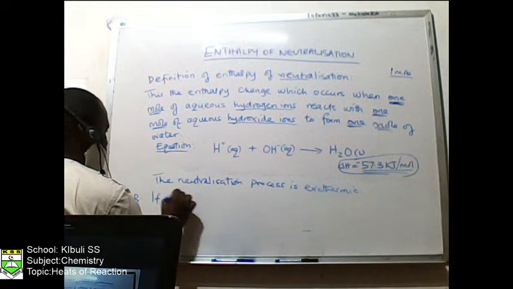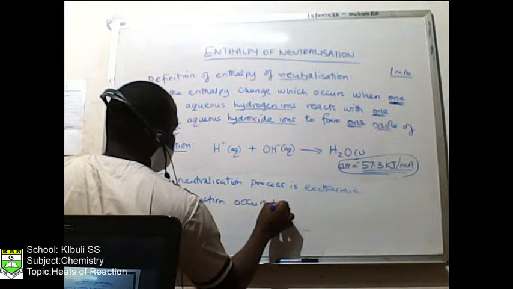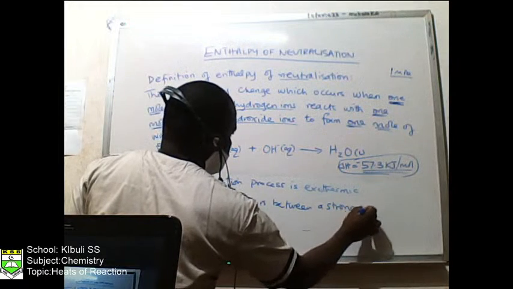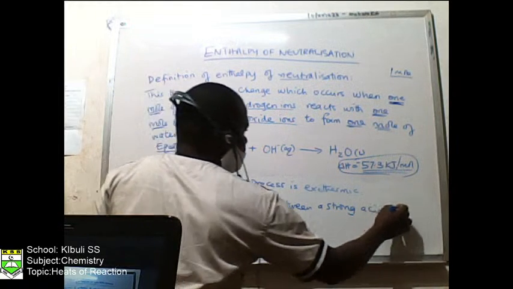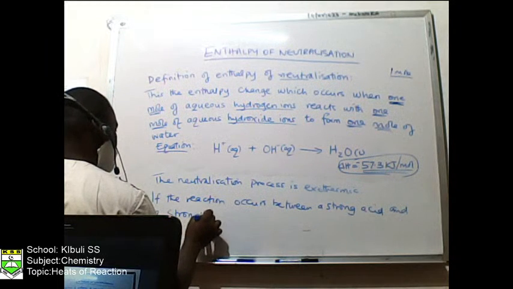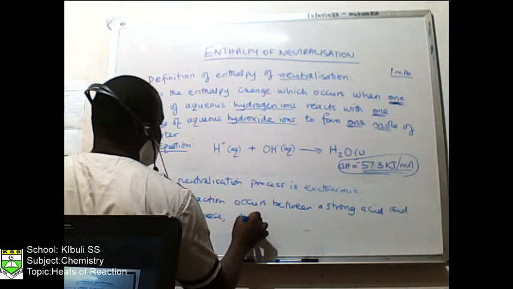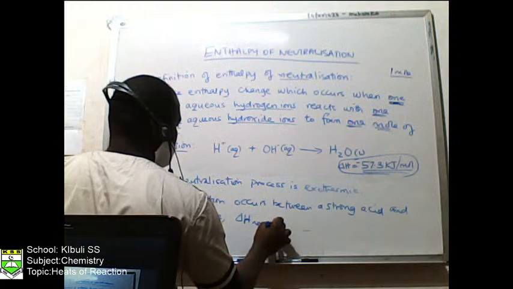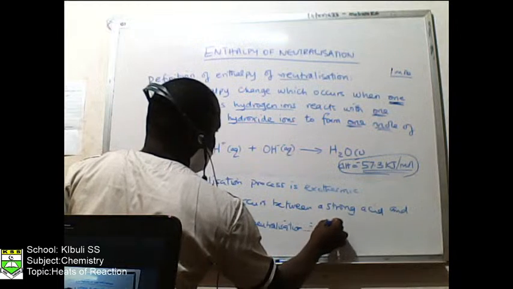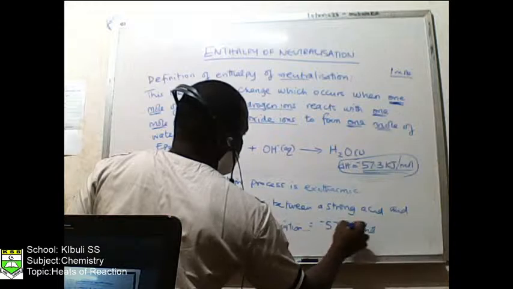If the reaction occurs between a strong acid and a strong base, then enthalpy of neutralization will be equal to negative 53.3 kilojoules per mole.